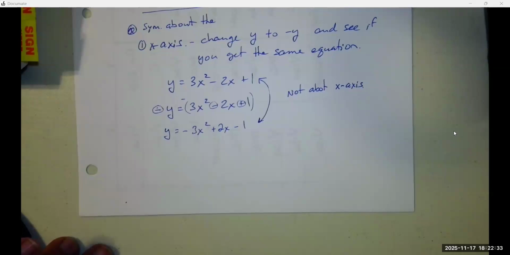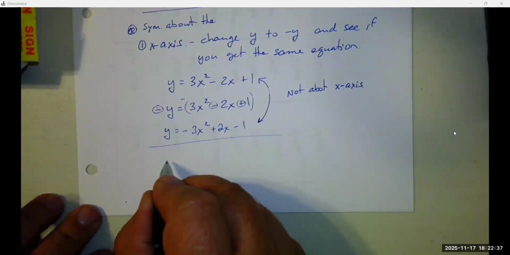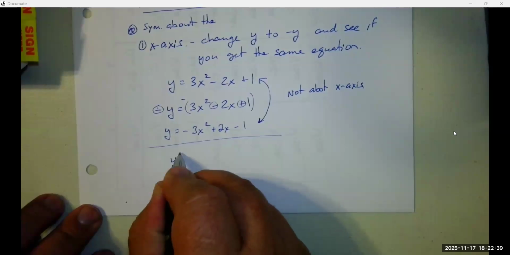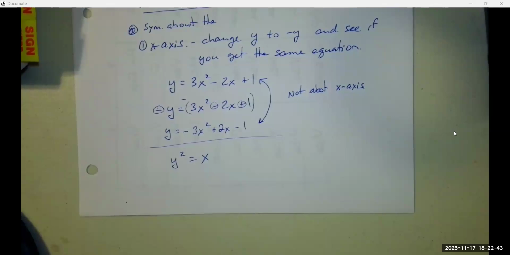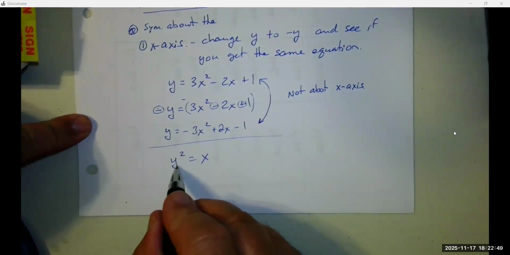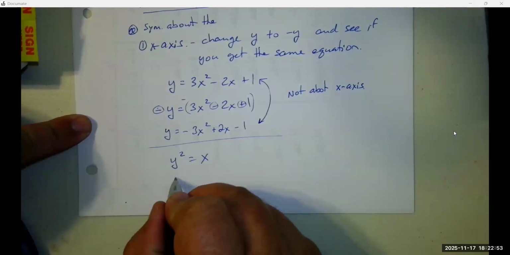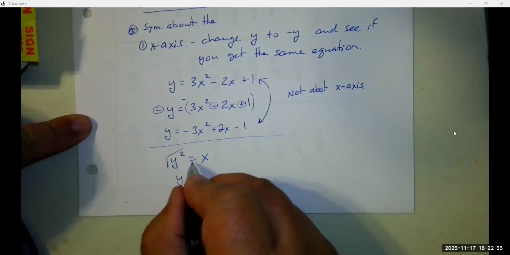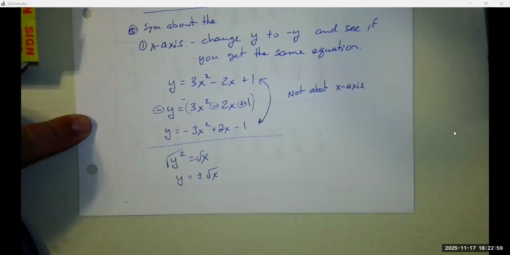The only way you could have one that's symmetrical at the x-axis is if we had y squared equals x. Because what would happen there is for us to solve for y, if we square root both sides, we have to put a plus or minus in front of the x.